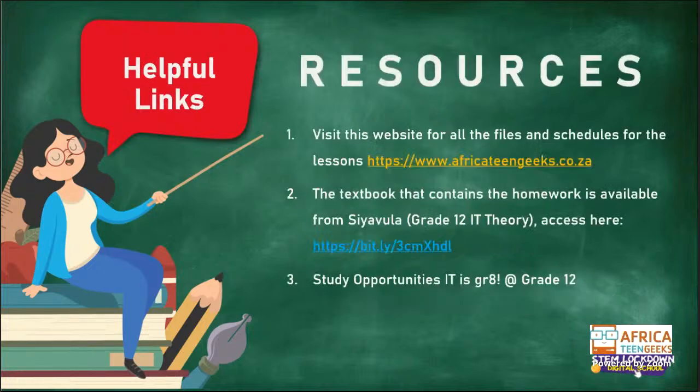So that is what we will be looking at tomorrow. And today we used the Siavla ebook and the Start Opportunities IT is Great grade 12 book. So we meet again tomorrow and then we look at cyber crime and how to safeguard against it.